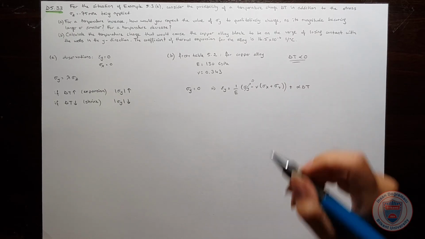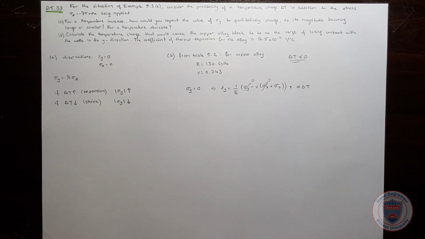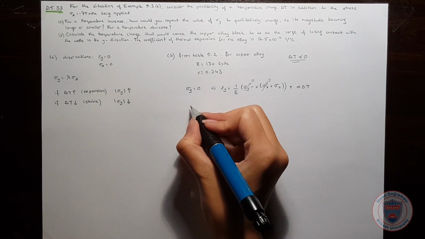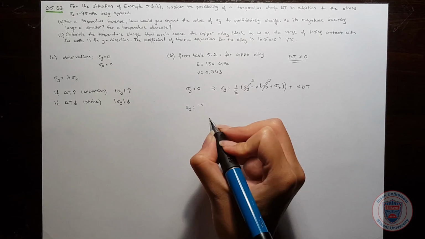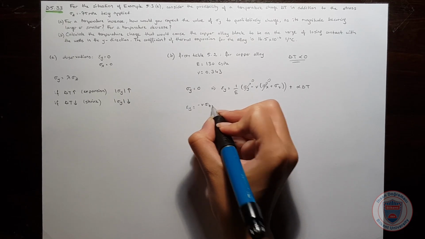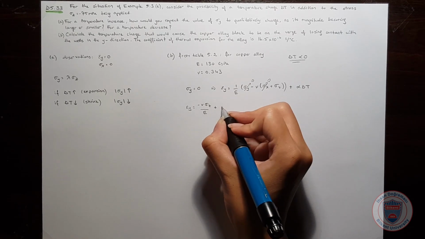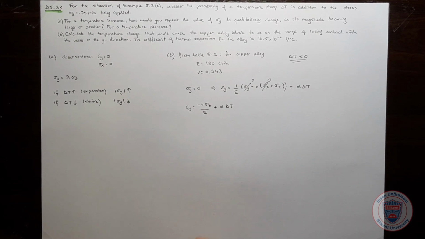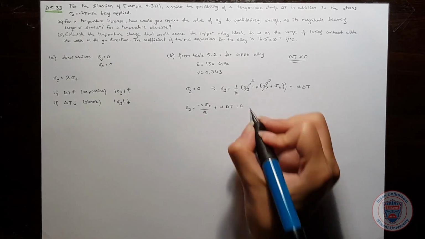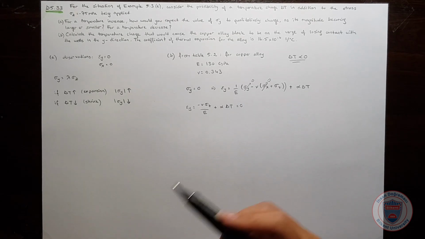And we know that sigma x is 0 from the beginning. So we have epsilon y as minus Poisson's ratio times sigma z over Young's modulus plus alpha delta T. And it will be also 0, as we can see from the observations.